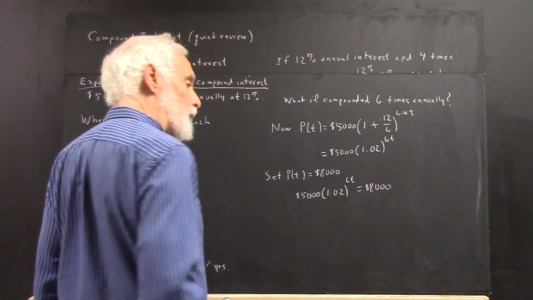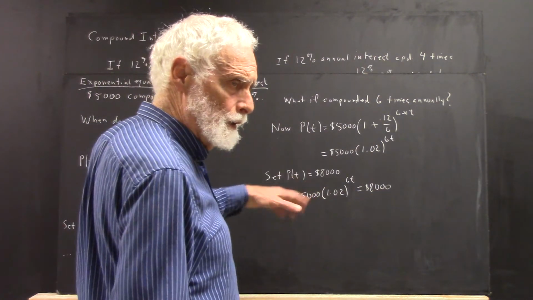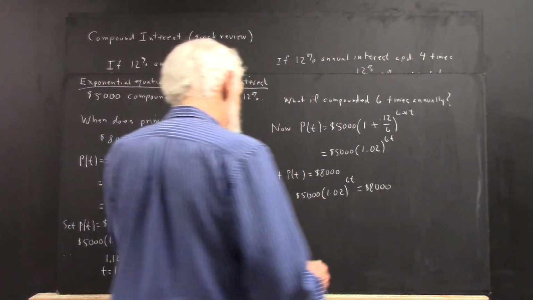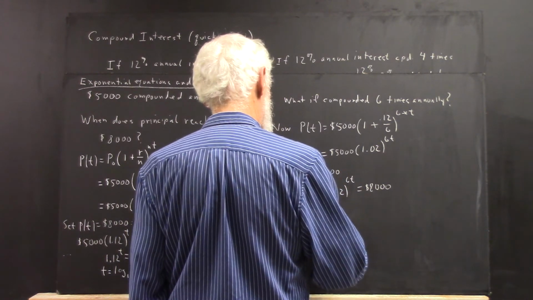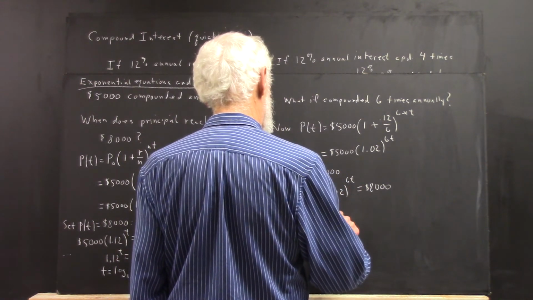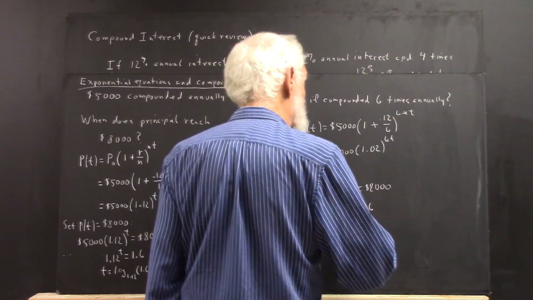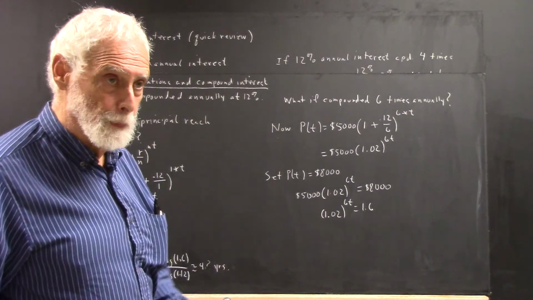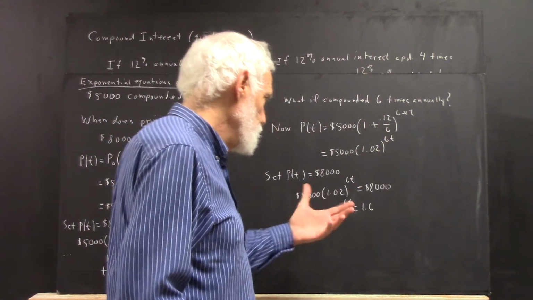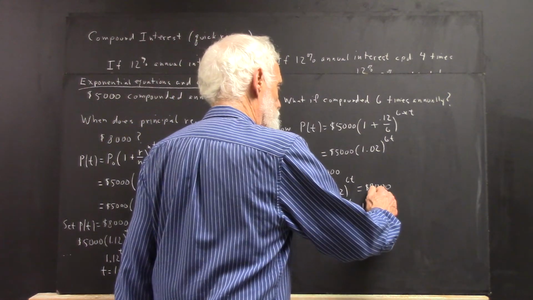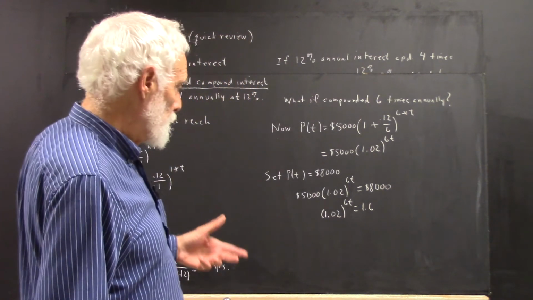Divide both sides by $5,000. I'm leaving out the steps, because most people are a little insecure with their arithmetic and their algebra, but you don't need to watch me do all the steps. We've done them so many times, and of course I'm going to want to see them in your homework.